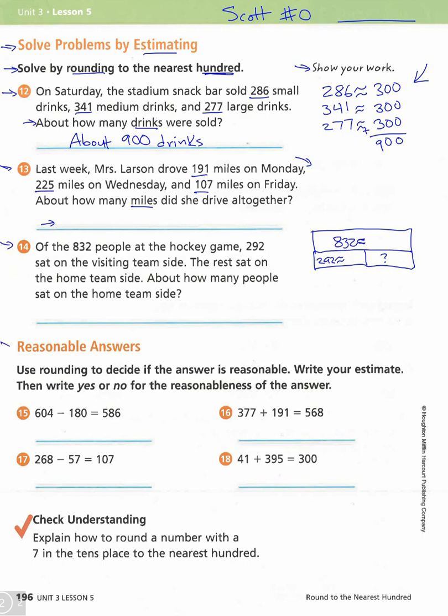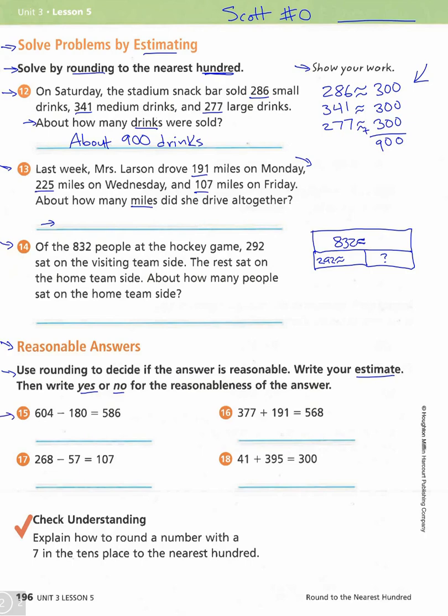Okay, so now we're working down here. Reasonable answers, and we do this all the time in real life. It says use rounding to decide if the answer is reasonable, and then write your estimate, and then write yes or no for the reasonableness of the answer. So here's what we're going to do. We'll do number 15 together.